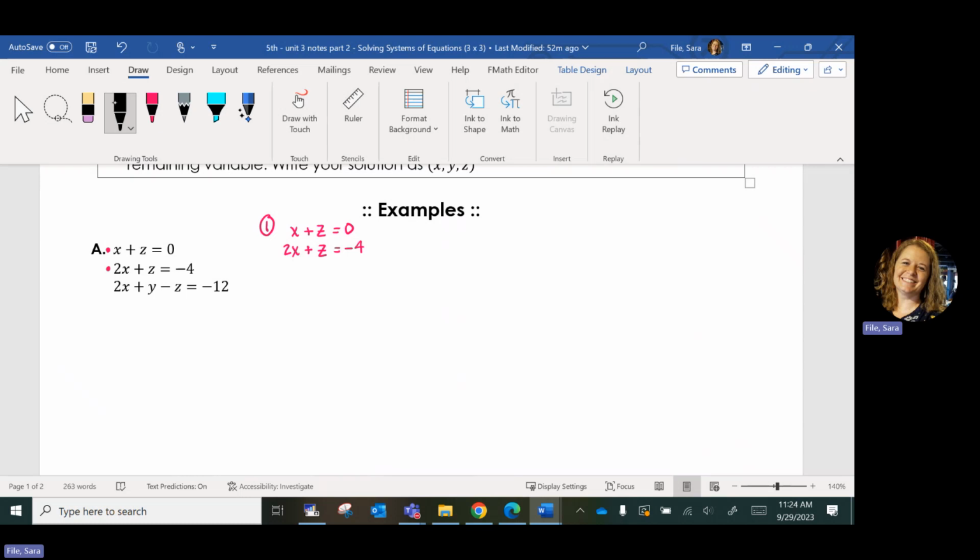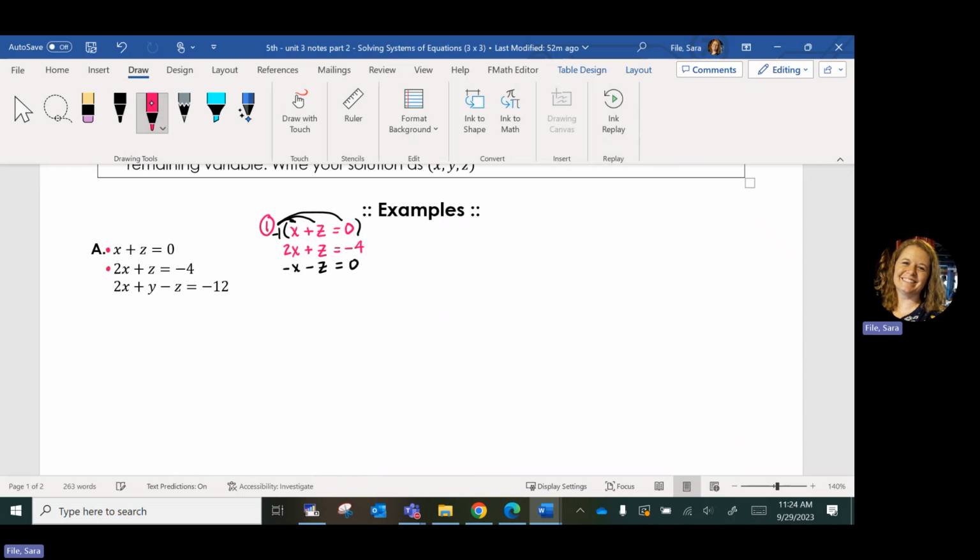So if I did the top equation, for instance, if I multiplied this by a -1, it just changes the sign of everything. Okay, so this is going to become -X. And this is going to become -Z. Now, 0 doesn't have a sign. -1 times 0 is still 0.